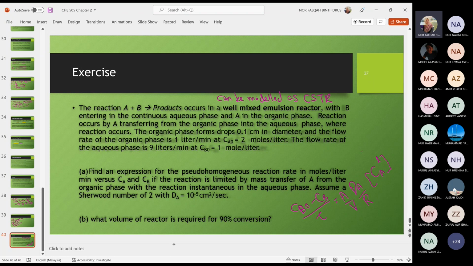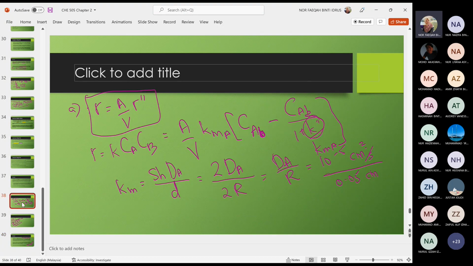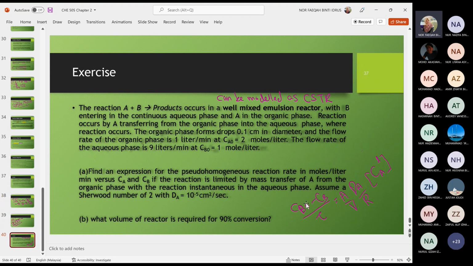Okay, expression ni tadi untuk soalan A, expression dia sama dengan yang ni. Just you can write negative RA equal to CA0 minus CA per tau ataupun for species B, CB0 minus CB per tau. Okay, untuk expression.